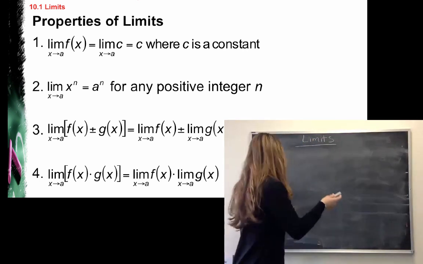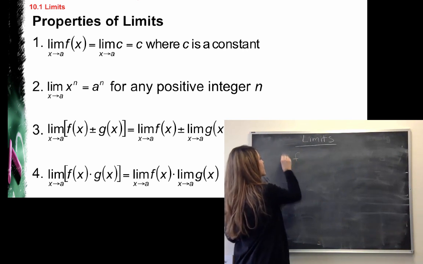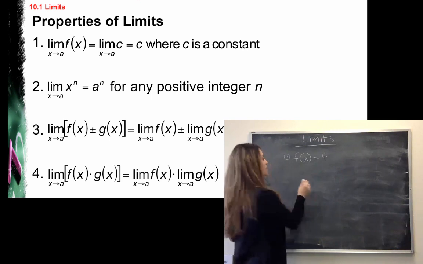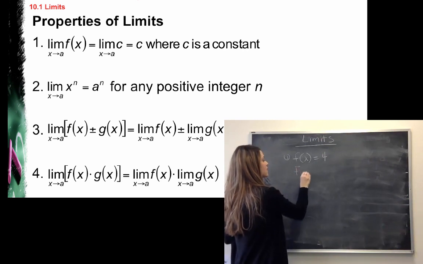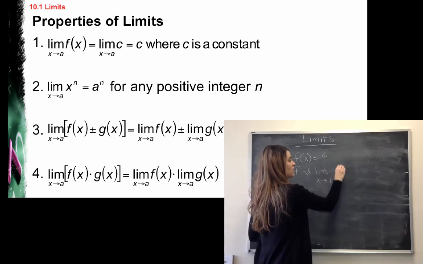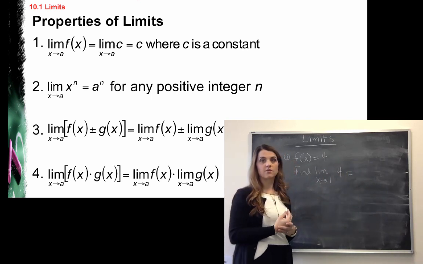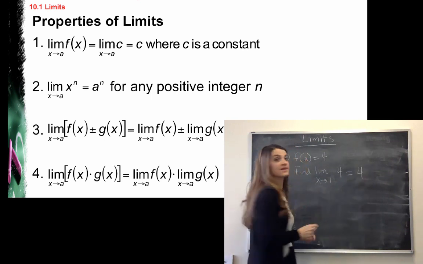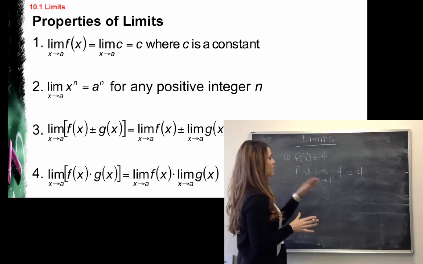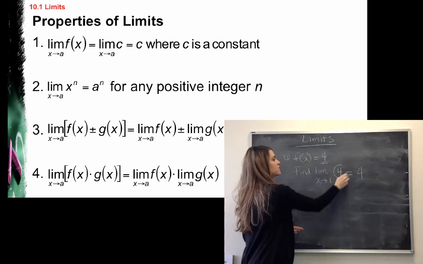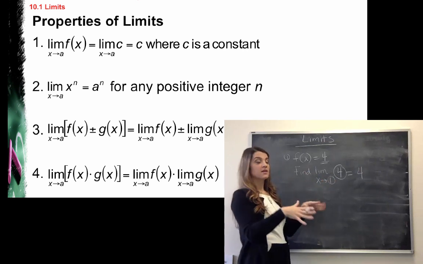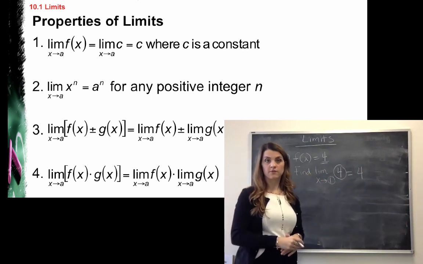An example for number 1 would be if f of x was equal to 4, and you want to find the limit as x approaches 1 of the number 4. Well, then the answer would just be 4, the constant. Very straightforward. Just make sure that you know that if the function itself is just a number or just a constant, the limit as x approaches any number, you can put anything there, it's going to be equal to the constant itself.